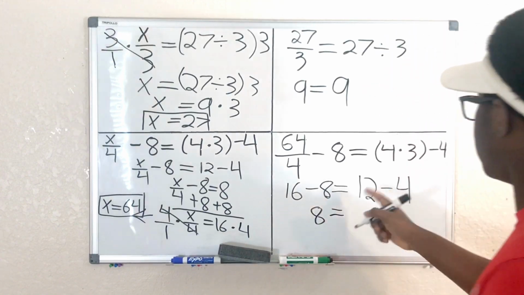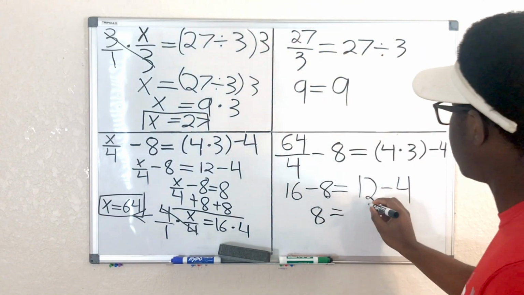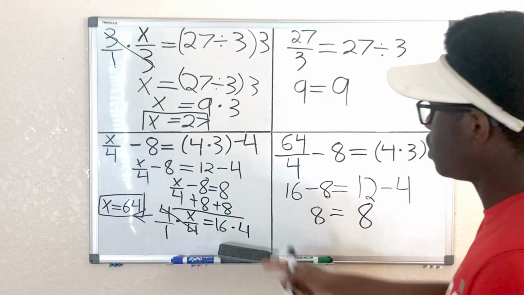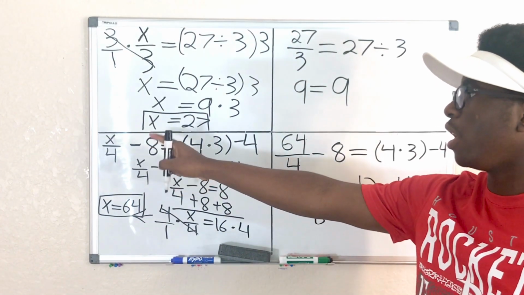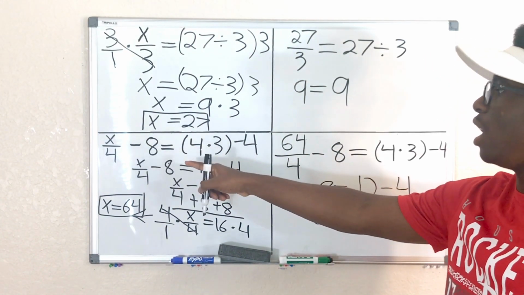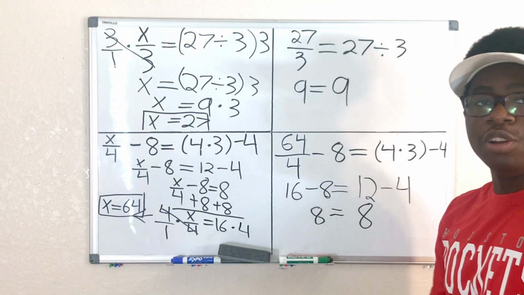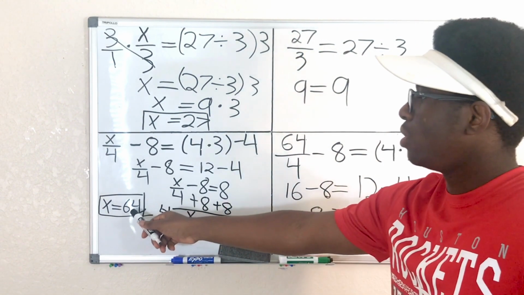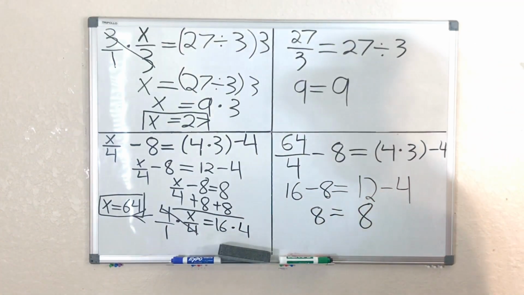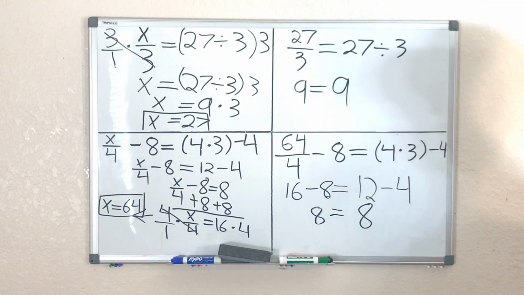And 12 minus 4 is also 8. Therefore, we know that this question right here, X divided by 4 minus 8, which is equal to 4 times 3 minus 4, we know that X is equal to 64. So in case you want to copy any of the work, now's your time.